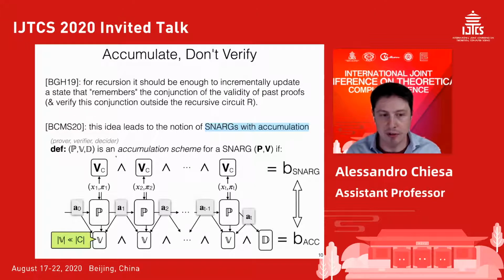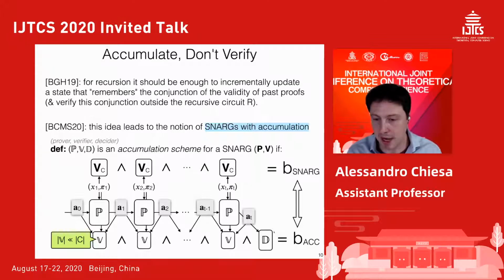Essentially, if you want to check a bunch of snark verifiers, it is tantamount to checking that all the accumulations were done correctly and the last accumulator passes the decider's predicate. Crucially, we want these accumulation verifiers to be very small, okay, to be succinct.